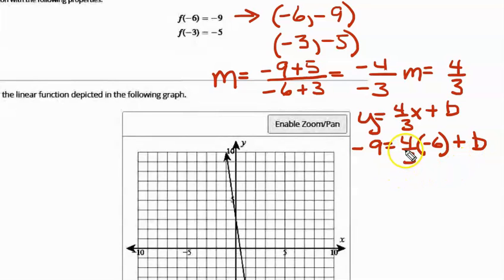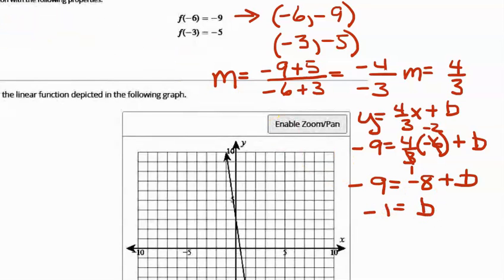Here we could do some cross-canceling. 3 goes into there once, and into -6 goes -2 times. So we now have -9 equals -8 plus b. We're going to transpose our -8 to this side, where it becomes +8. So this is -1 equals b.